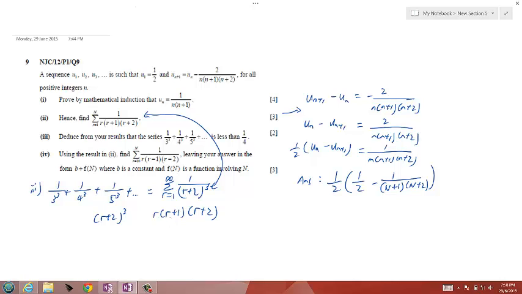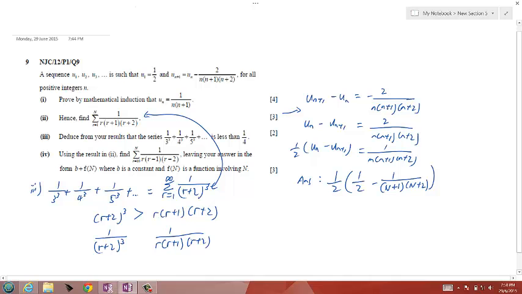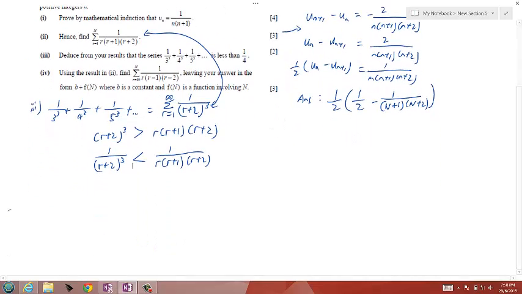The left is bigger, because here is r, then r plus 1. So obviously the left is bigger, right? Make sense? If I flip, which one is bigger now? The right becomes bigger, because when we flip, the inequality must change sign. Correct? Now you sum both sides.